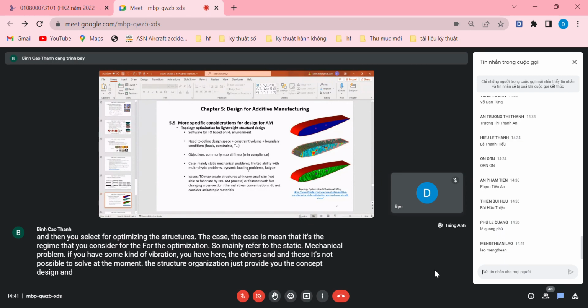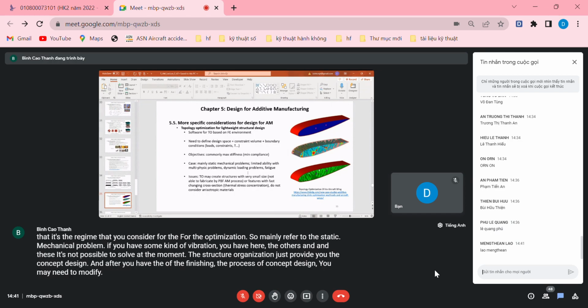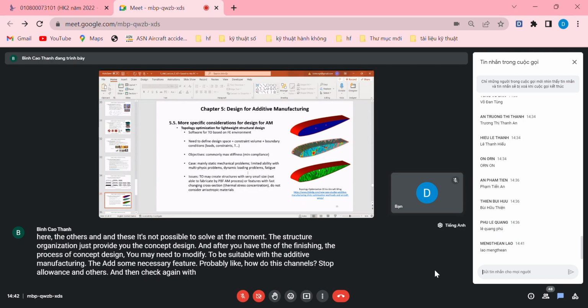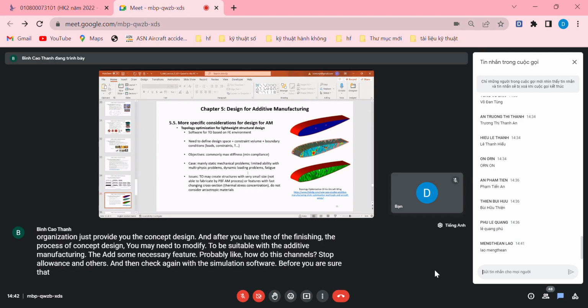After finishing the concept design, you may need to modify it to be suitable for additive manufacturing, adding some necessary features like powder release channels and stock allowance, and then check again with simulation software before you are sure it's possible to print the design.